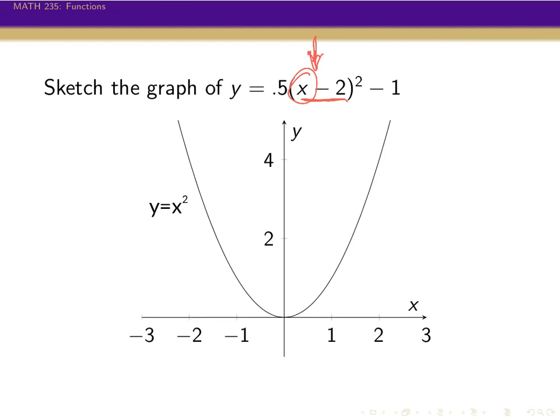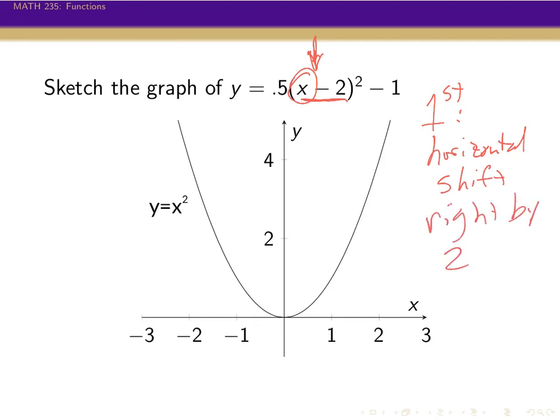And so the first thing we're going to do is a horizontal shift to the right by 2. For x squared, x has to be 2 bigger to get the same value again.